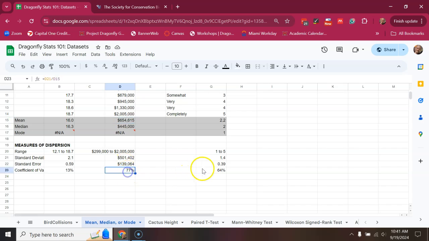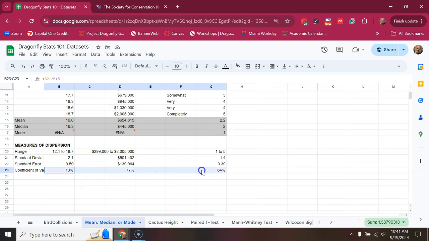And finally, even though this data set only ranges from 1 to 5, the coefficient of variation is quite high, 64%. That's because the standard deviation is 1.4 and the mean is 2.2. So 1.4 is 64% of 2.2.